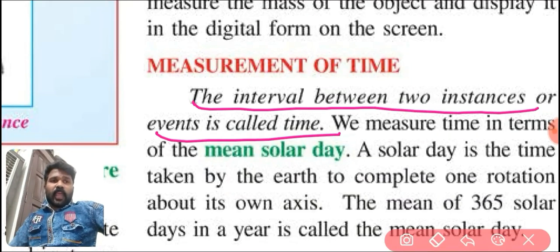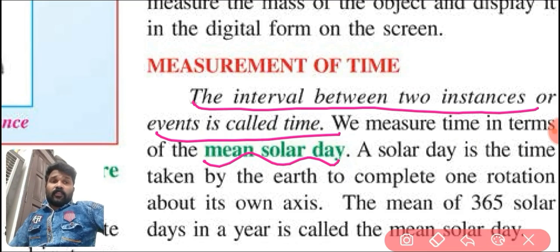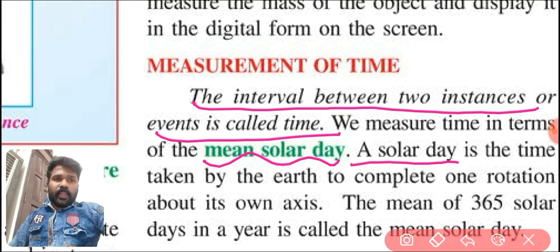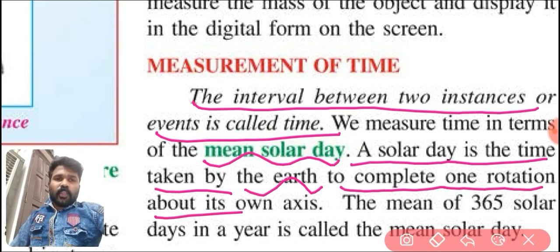We measure time in terms of the mean solar day. A solar day is the time taken by the earth to complete one rotation about its own axis. What is the definition of a solar day? A solar day is the time taken by the earth to complete one rotation about its own axis.